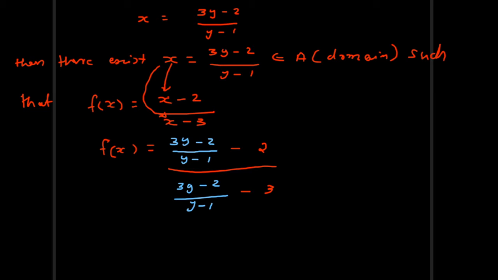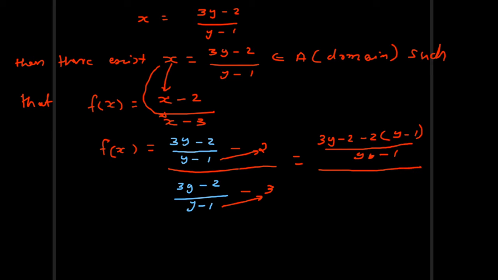Here you write, equal to 3y minus 2 into this, cross multiplied, minus 2 into y minus 1, all divided by y minus 1, all divided by 3y minus 2 minus 3 into y minus 1, divided by y minus 1.